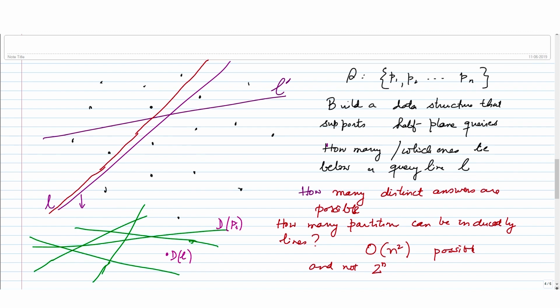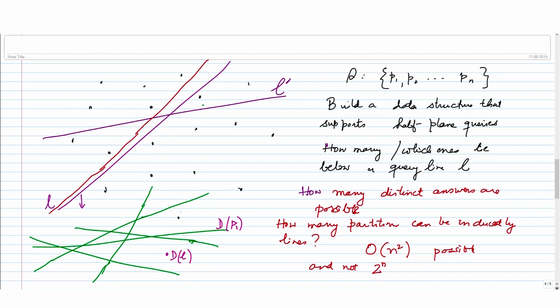So, in the original problem we had to find out which points lie above this line, right. Now, in the transformed problem it becomes what? If this line is above a certain point, then the dual of this point will be above the dual of the line.